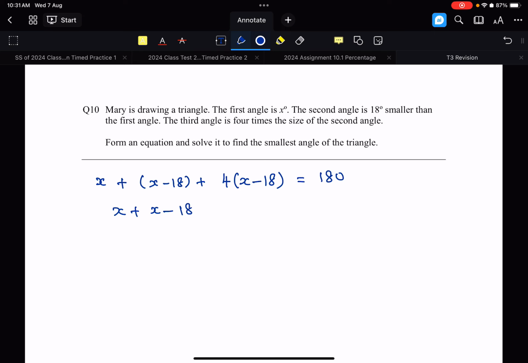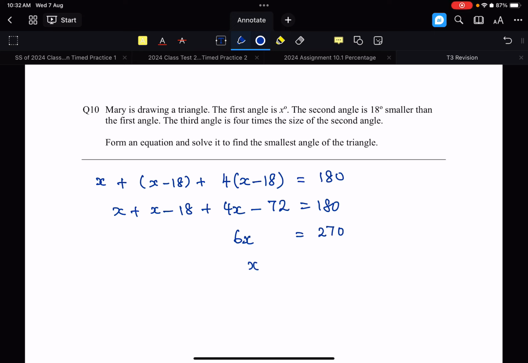Okay, so we work this one out. We have x plus x minus 18 plus 4x minus 4 times 18. Where's my calculator? 4 times 18 is 72, equals to 180. 6x is equals to 180 plus 72 plus 18, which is 270, right?